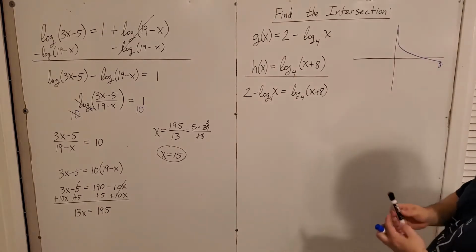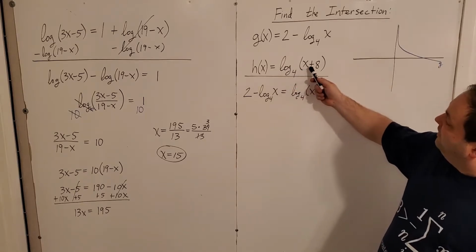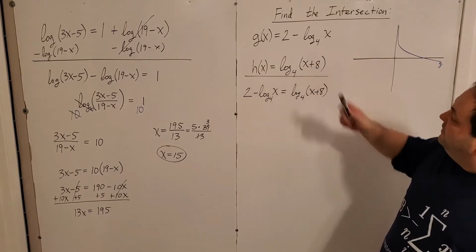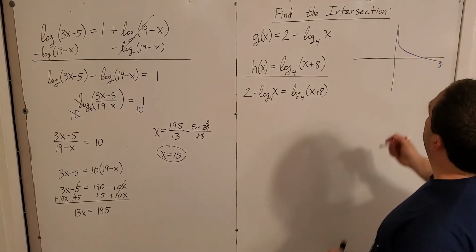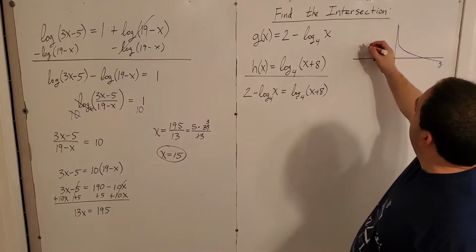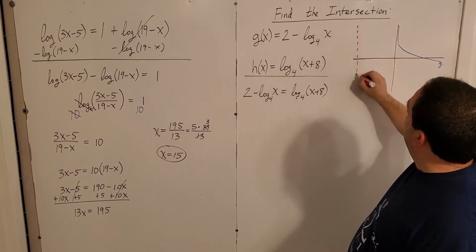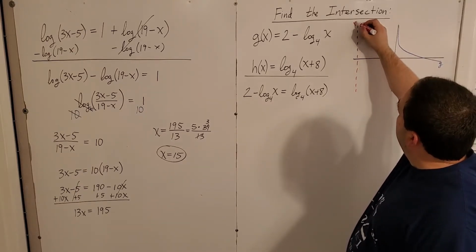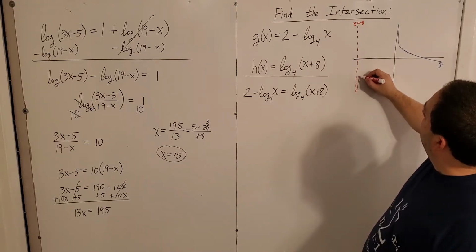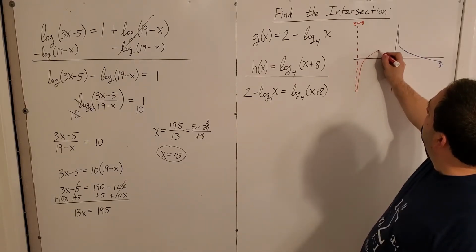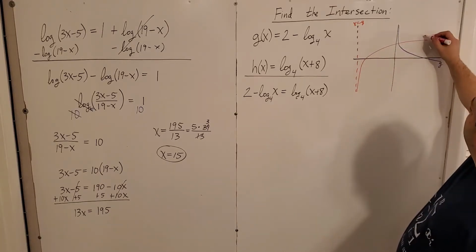Now H is just your plain ordinary log base 4 of x, but it's been shifted 8 to the left. So we're looking at something where negative 8, right, is my vertical asymptote, and it's going to do something like this, like that.